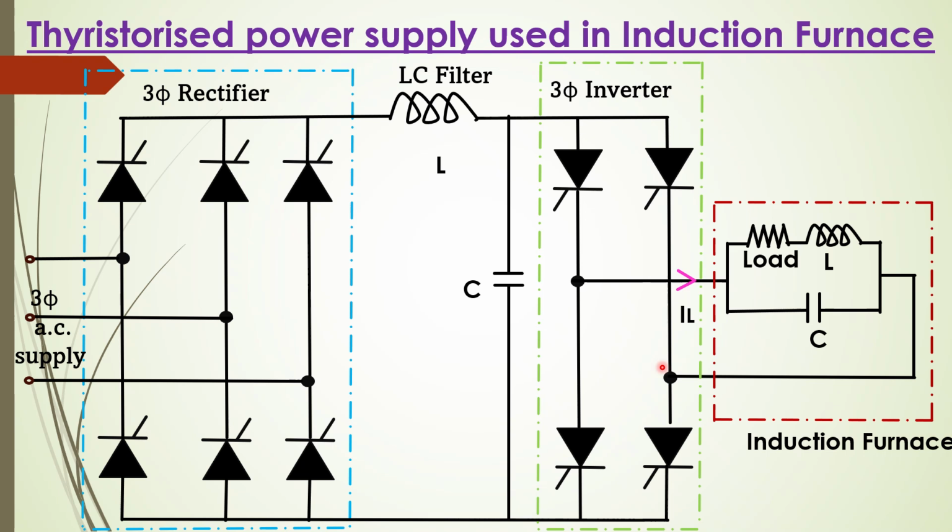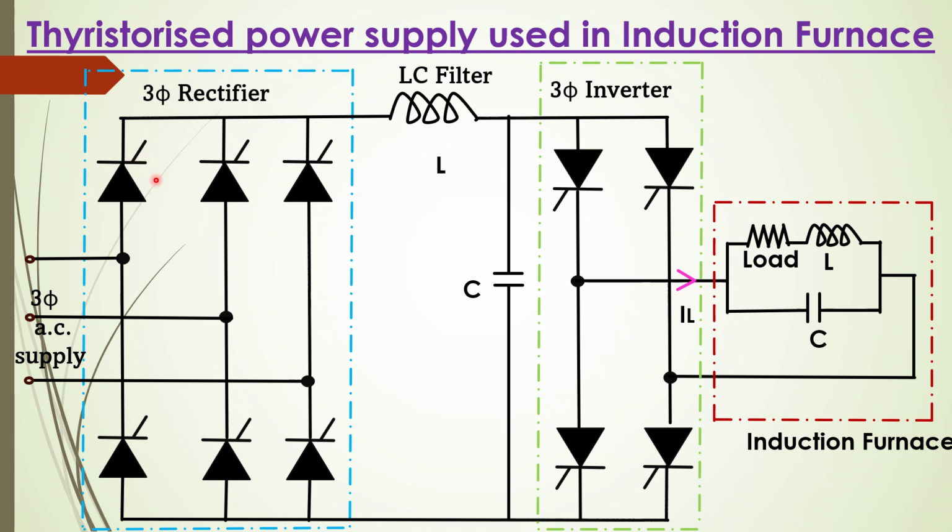The output of the inverter is a high frequency AC supply, which serves as the input to the induction furnace. And most importantly, the rectifier and the inverter used here are fully controlled converters.